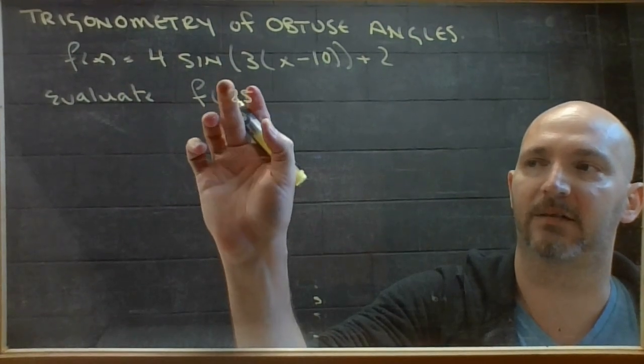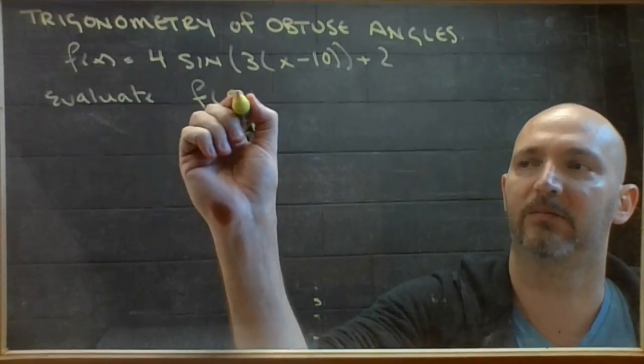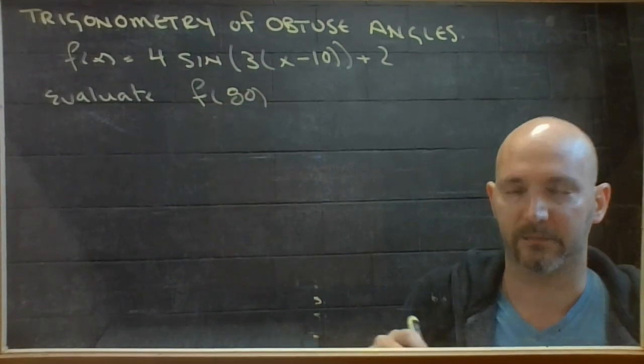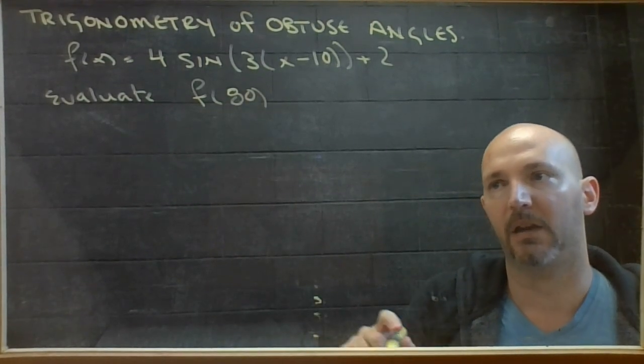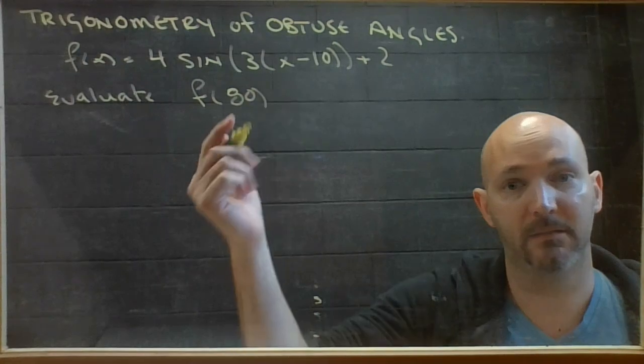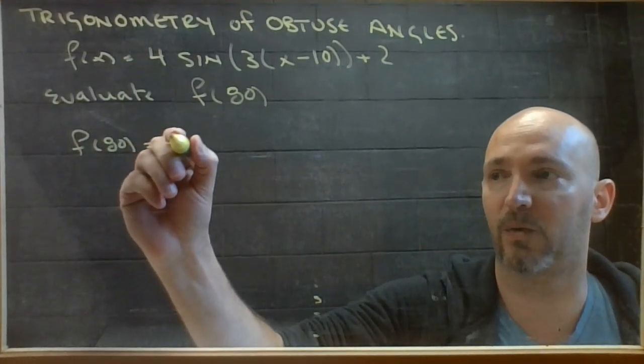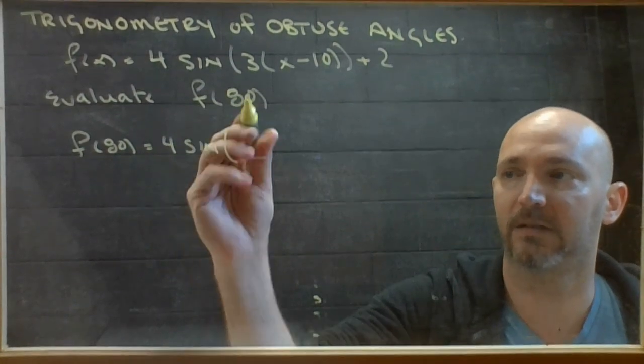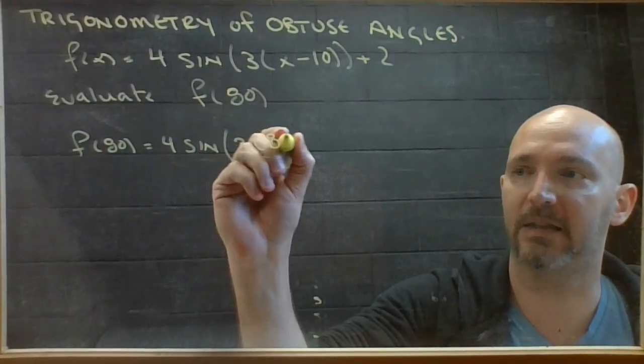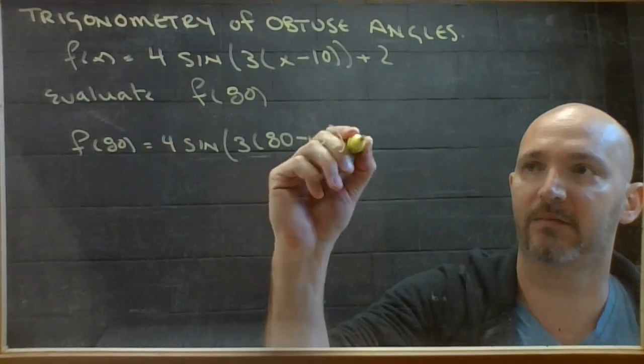Well, that's maybe a bit much. Let's go f at 80. Put that number in, just like you always do. F at 80 would be 4 sine(3 times 80 minus 10) plus 2.